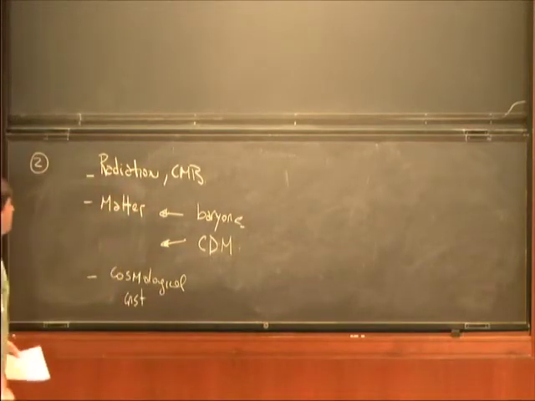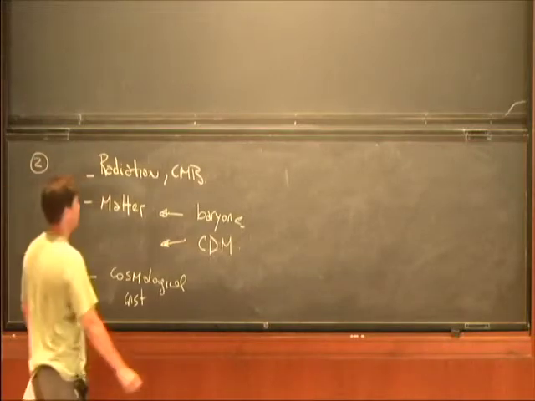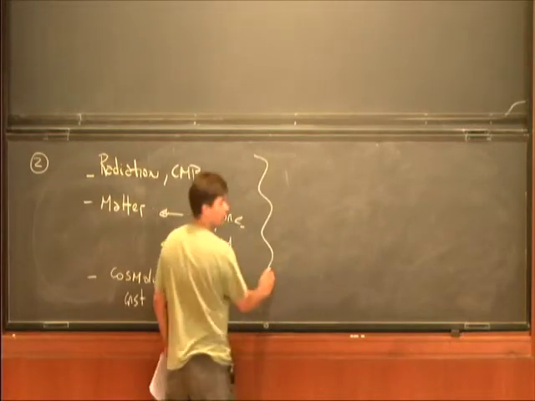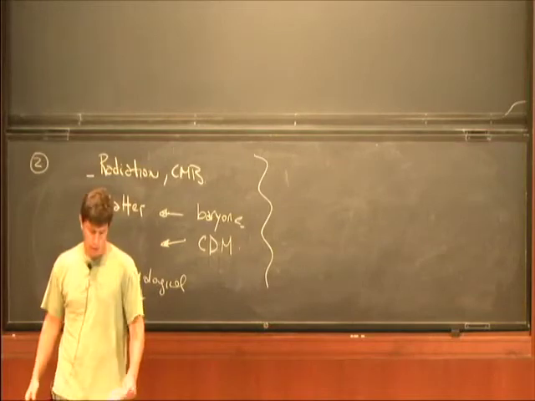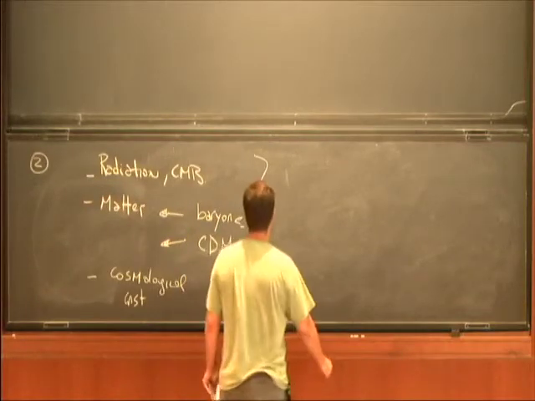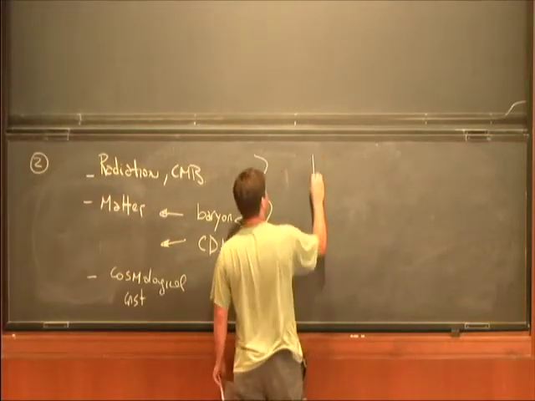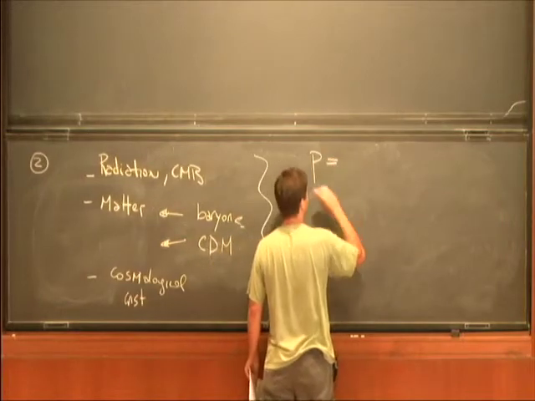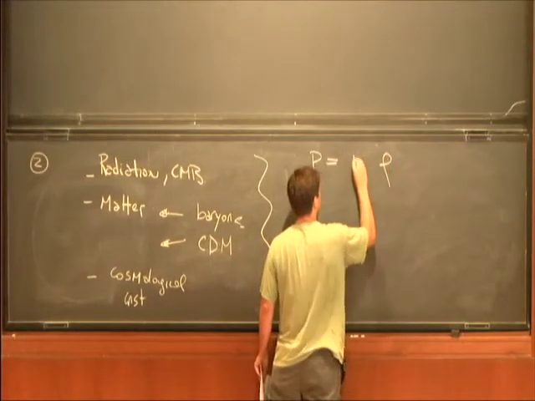So these different types of matter that the universe is filled with obey what we usually call different equations of state, so a relation between its pressure and its energy density.